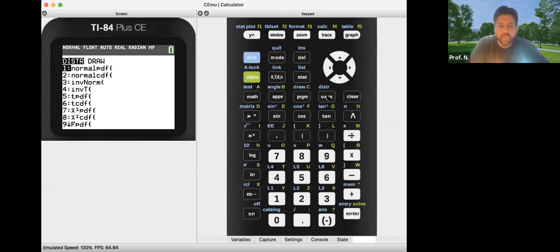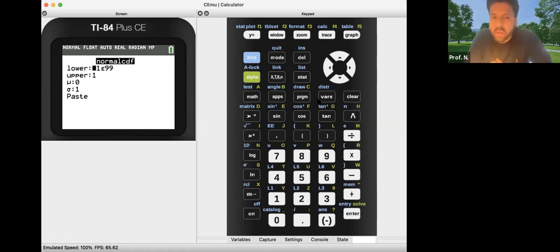I go to second vars, which is a distribution function, and I choose normal CDF. So press enter. Now, what's my lower bound? I don't have to do the complement anymore. What would be my lower bound for my calculator? Right, it would be 2. And then what would be my upper bound?